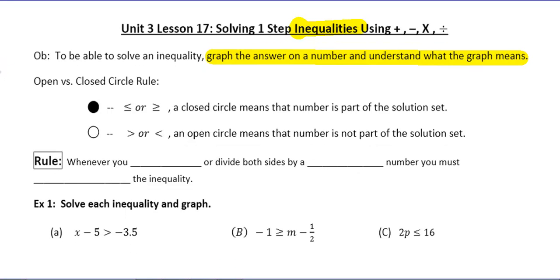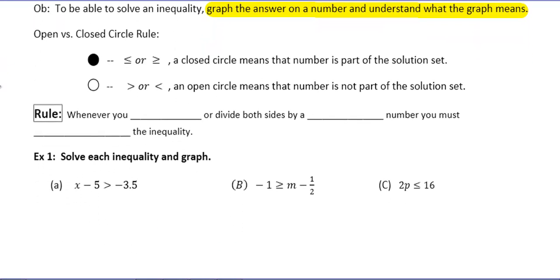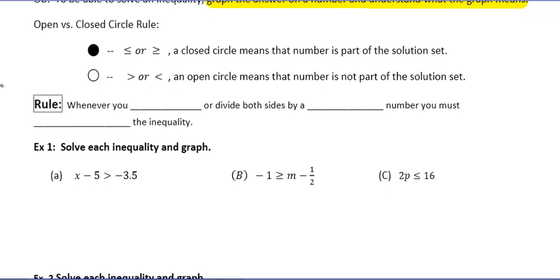There are two big things you need to know. First of all, it's the open versus closed rule. When you see a sign that says less than or equal to or greater than or equal to, notice the "or equal to" piece. That's going to give you a closed circle, which means the number is part of the solution set.